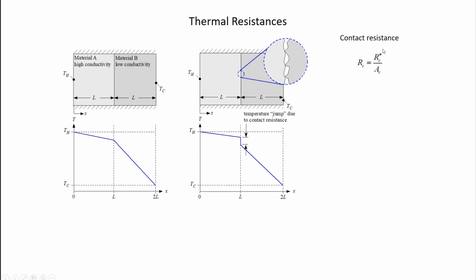Again, this area-specific contact resistance is not usually something you can theoretically calculate very easily. It's much more something that you'll find tabulated for you in different handbooks, and it'll be related to what is the material here, what's the material here, what's the roughness of those surfaces, what's the pressure that you're pushing on these surfaces.